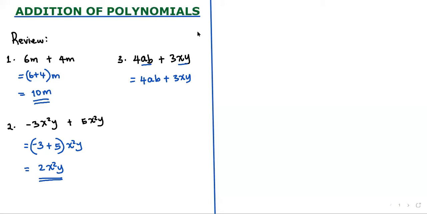Okay, so let's begin right away with the addition of polynomials. Okay, so let's have example number 1.